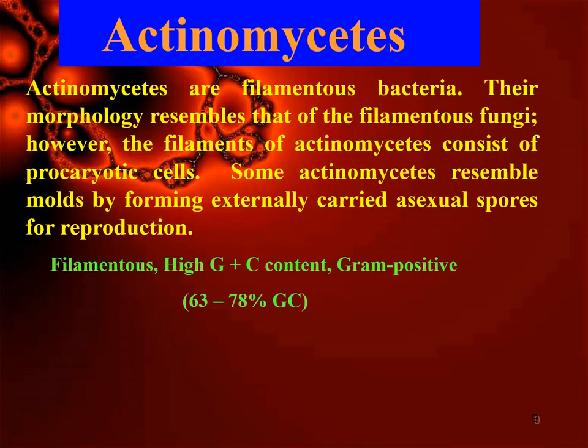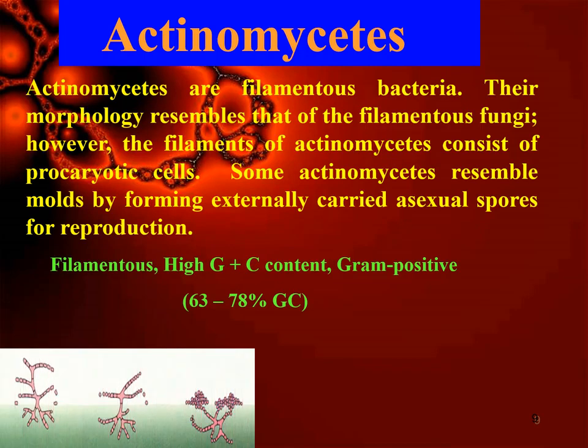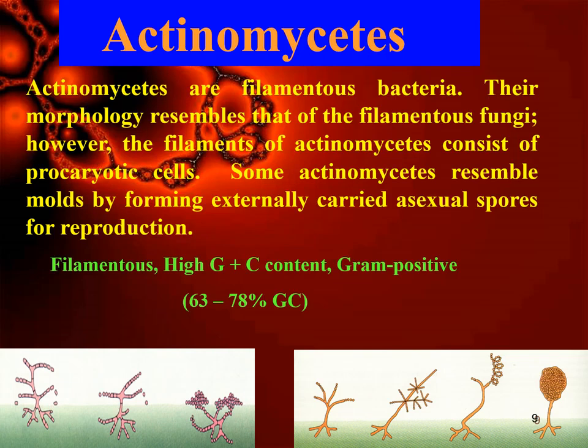They have a high guanine plus cytosine content and are gram positive. The ratio of guanine and cytosine content is between 63 and 78%. This is a figure of actinomycetes.